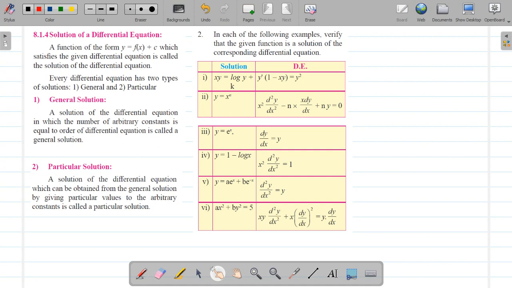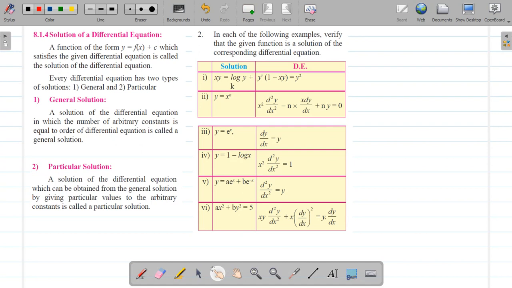Now we will solve this, then you will get a clear idea about the solution of a differential equation. We have to verify whether the given solution is the solution of the given differential equation.